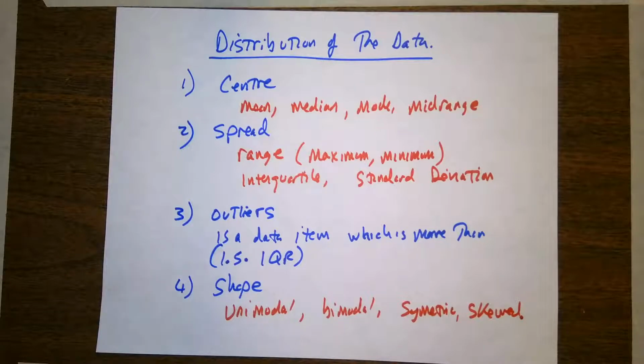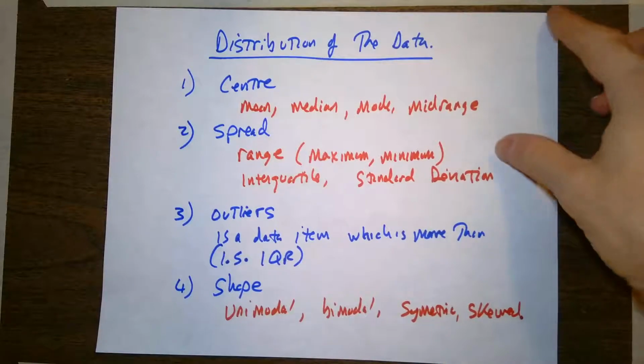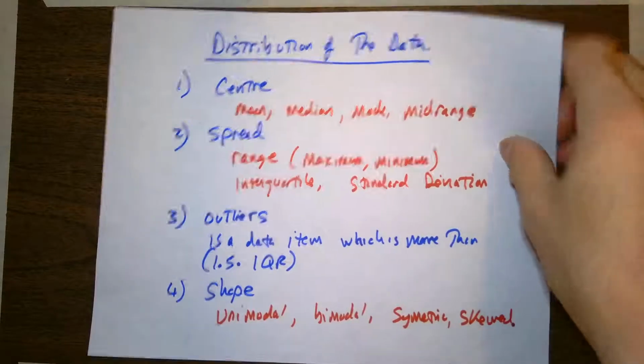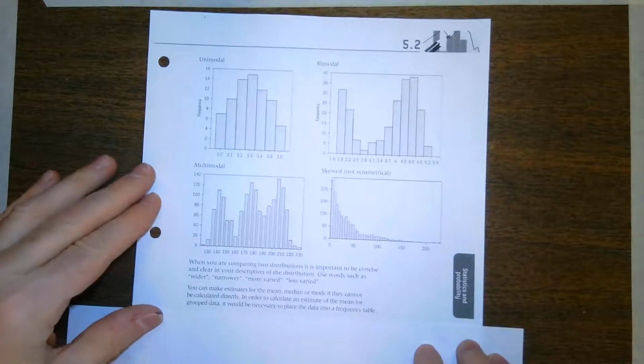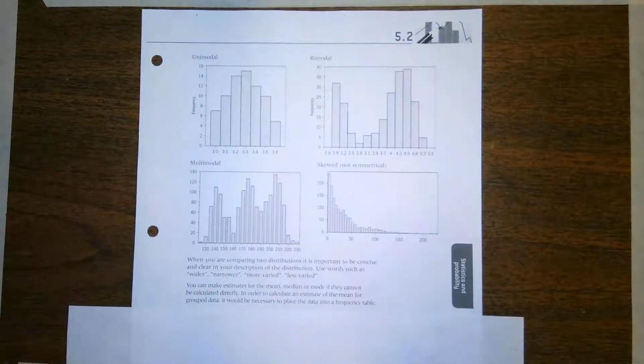So let's take a moment and look at some graphs. I apologize, they're not very big, but they're in our textbook. I want to talk about the graphs and their characteristics.